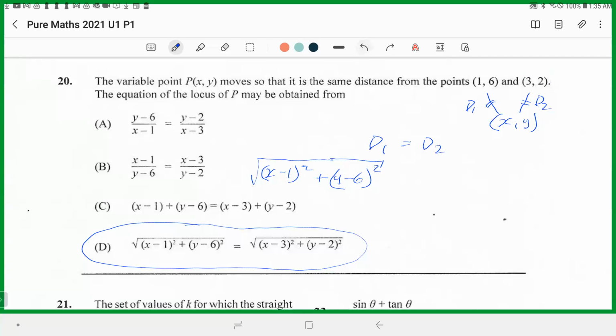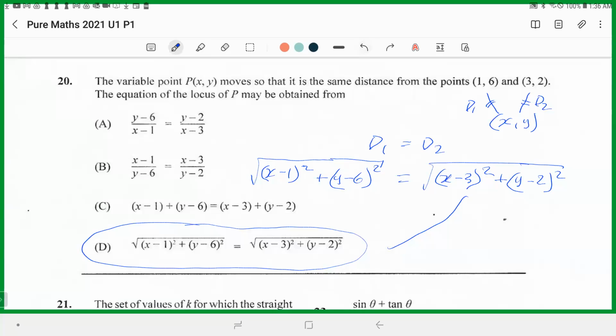And the same approach becomes equal to the square root of (x minus 3) squared plus (y minus 2) squared. So that's why this is the answer right there.